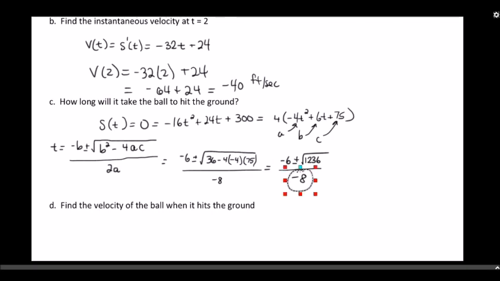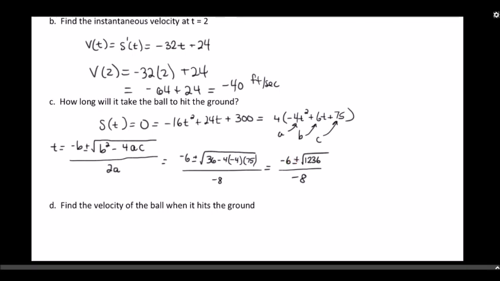So if I think about this, if the denominator is negative 8, I want my numerator to also be negative, because a negative divided by a negative is going to give me a positive value. The square root of 1236, if I were to get my calculator out again, if we take the square root of that, it's about 35.15. So if I have negative 6 plus 35, that's going to be a positive value.